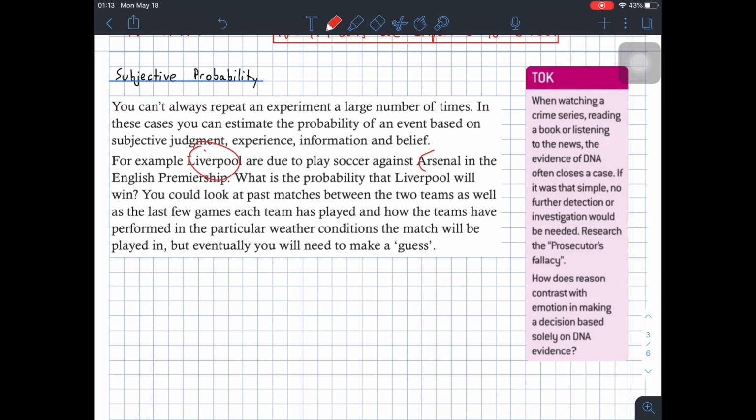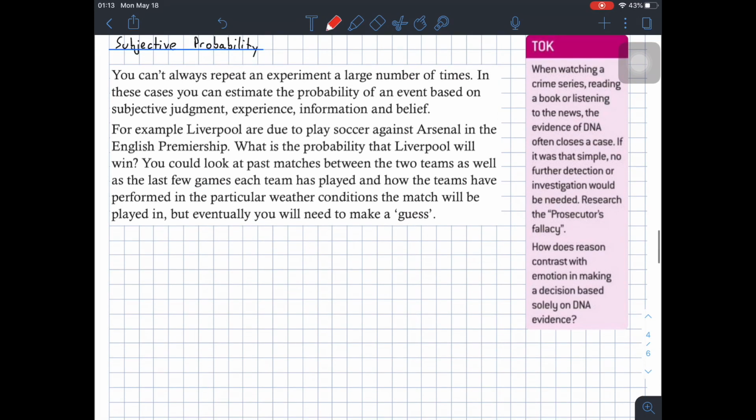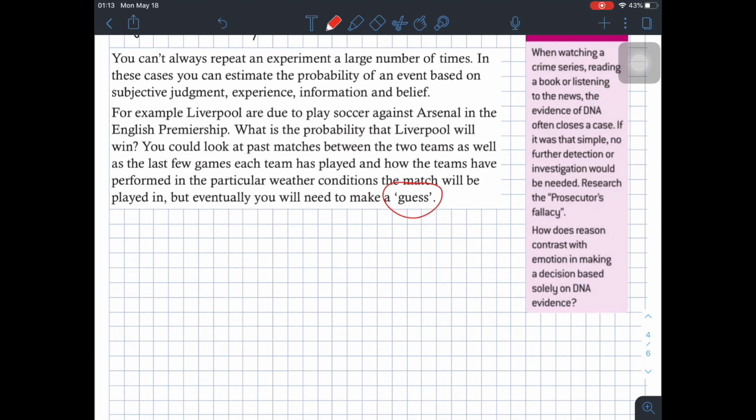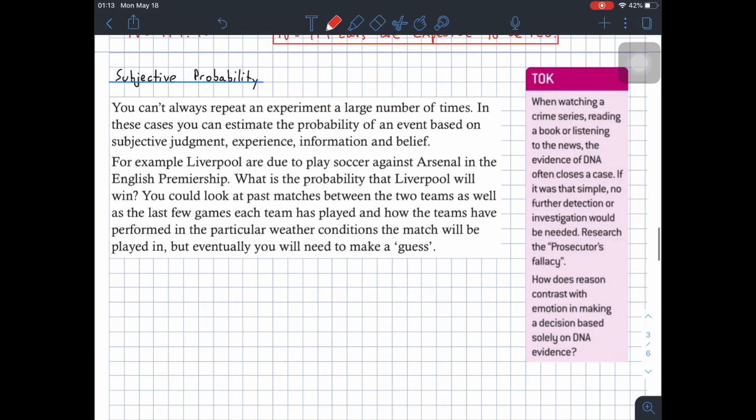Okay, so Liverpool and Arsenal are soccer teams, okay? What is the probability that Liverpool will win? You could look at past matches between the two teams as well as the last few games each team has played and how the teams have performed in the particular weather conditions the match will be played in. But eventually you will need to make a guess, right? So I think with this example, subjective probability is clear enough.